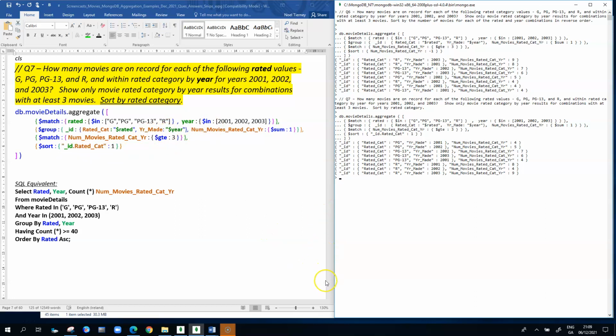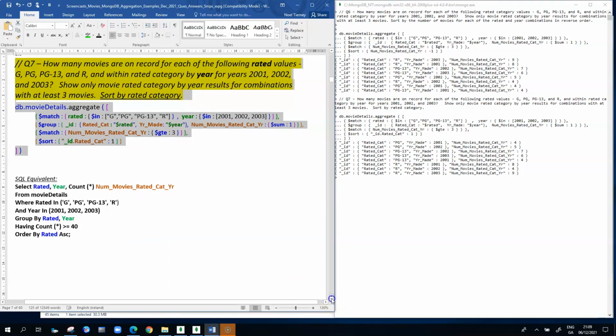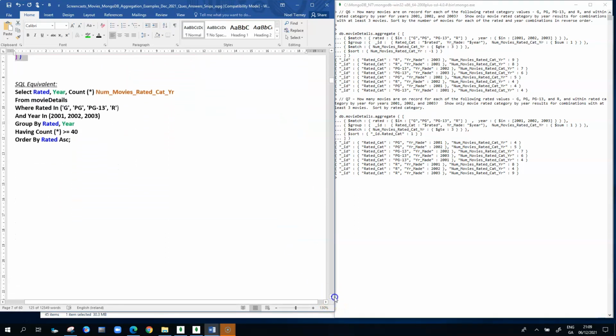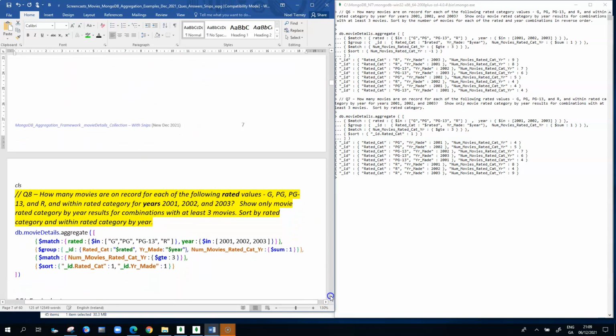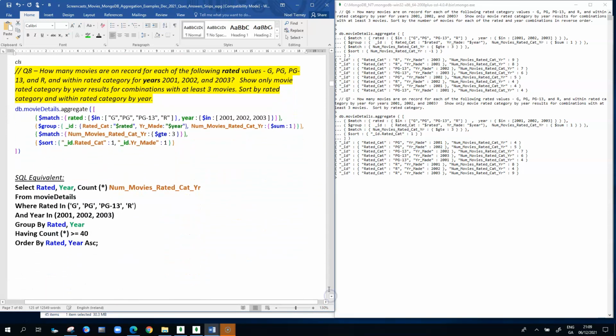In example 8, you see that the question is changed to include that extra sort component. It says same question as previously, but this time we're sorting by rated category and within the rated category by year.